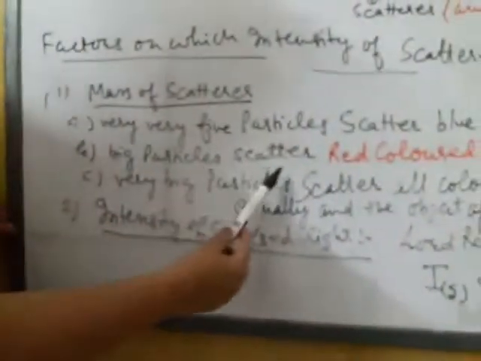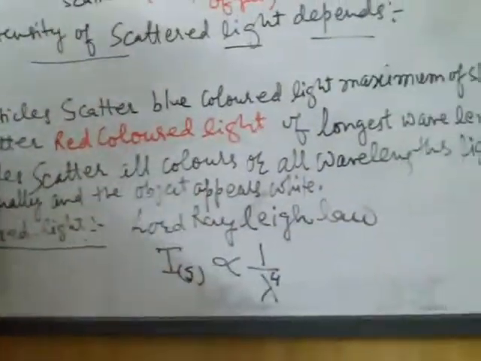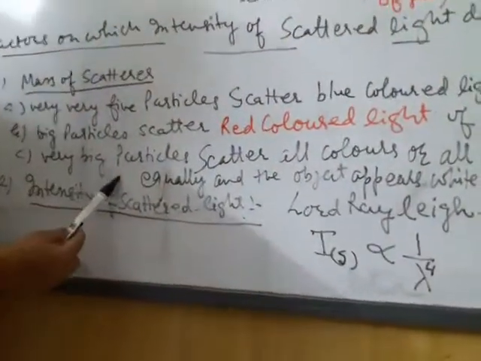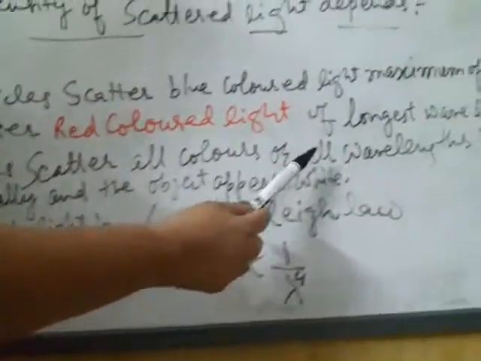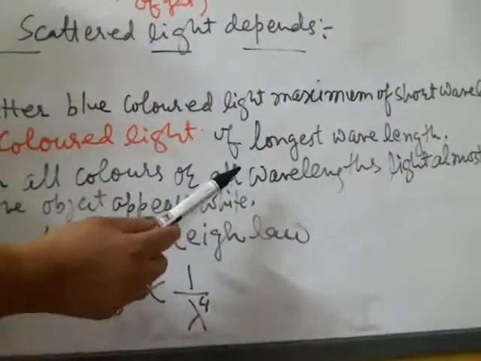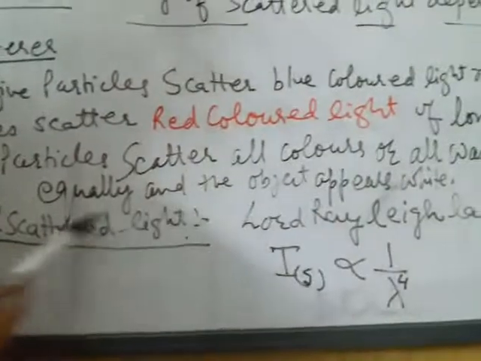Big particles scatter red colored light of longest wavelength, and very big particles scatter all colors or all wavelengths in equal amount, and the object appears to be white.